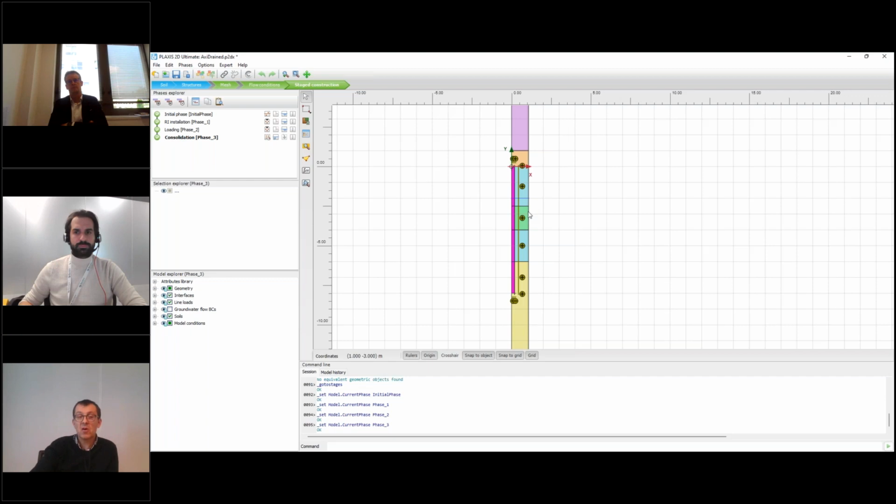So what is being done here, we first load the rigid inclusion in a fully undrained manner, just to generate excess pore water pressure, and then we let that excess pore water pressure dissipate until no residual excess pore pressure remains.